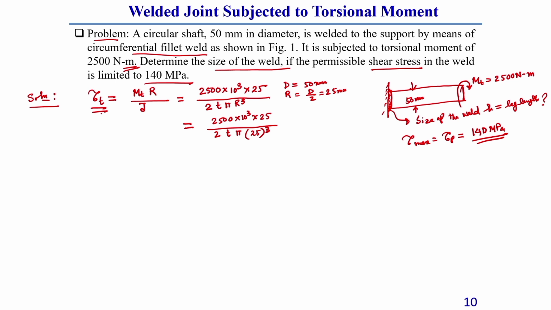Now, from this torsional shear stress we need to find out first the throat thickness T. What is the throat thickness based on? Our permissible shear stress value. Here the permissible shear stress tau p is given, so this shear stress will be equated with the permissible shear stress, that is 140 Newton per millimeter square.